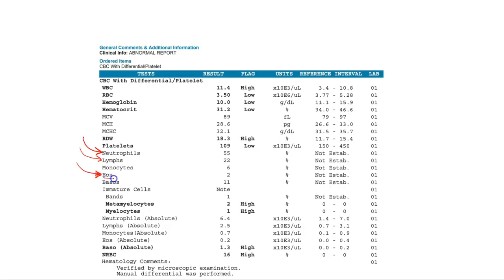Also, eosinophils will have a higher count when you're having an allergic reaction to something. And then basophils, you usually have a higher number of these when they're trying to reduce inflammation. That's one of the jobs of basophils, is to reduce inflammation.